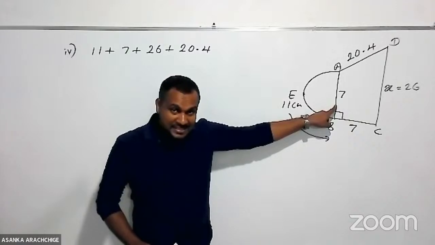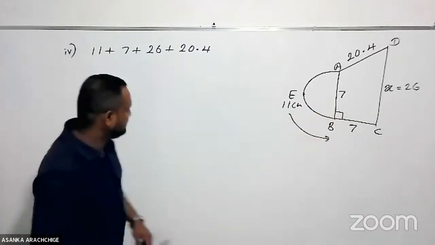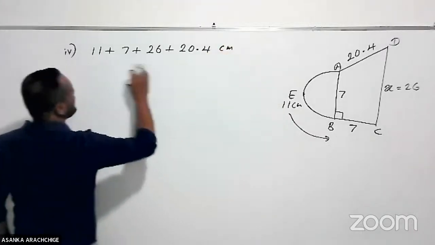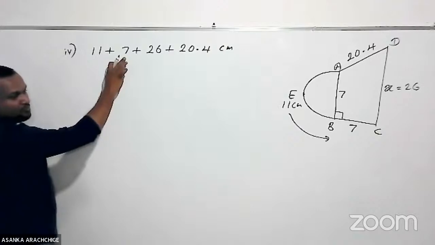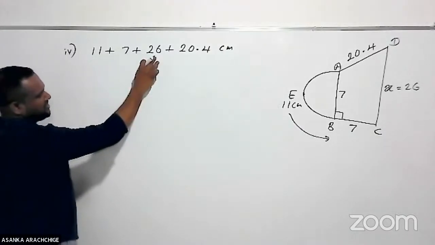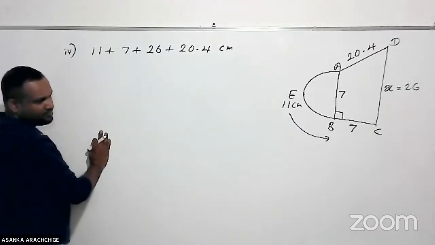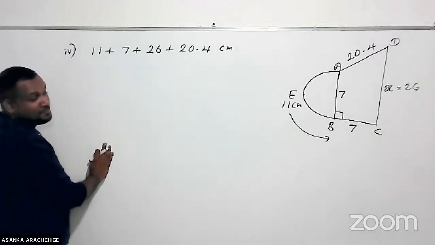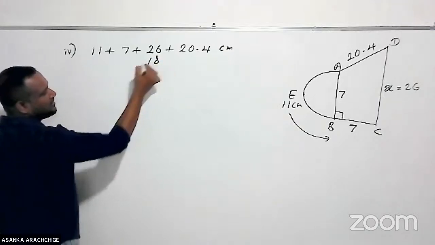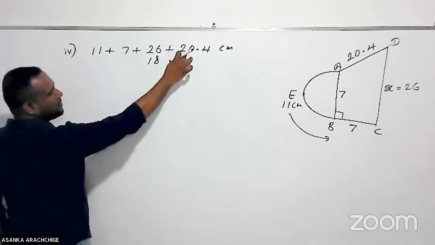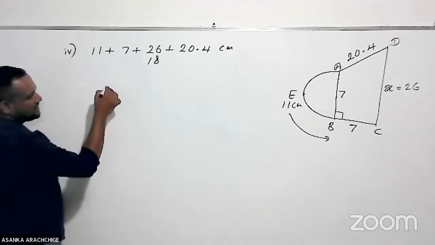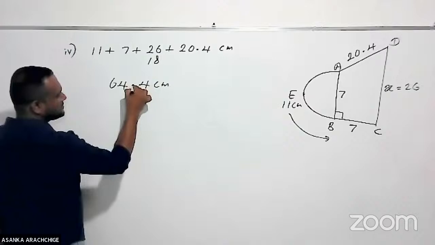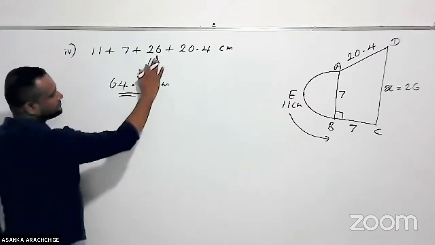In centimeters, 11 plus 7 is 18. 18 plus 26 is 44. 44 plus 20.4 is 64.4 centimeters. Am I correct?